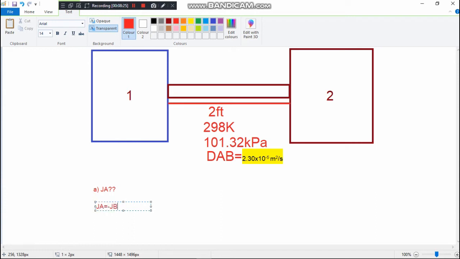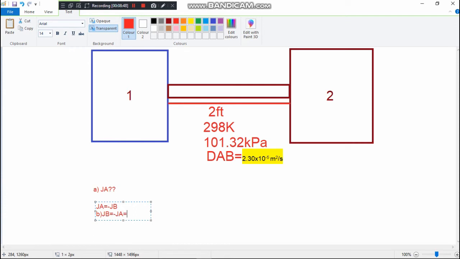So whenever you get the value for JA from question A, you can find the value of JB. You multiply the value of JA with minus 1, and then you will get the value for JB. So it means that JB is equal to minus JA.